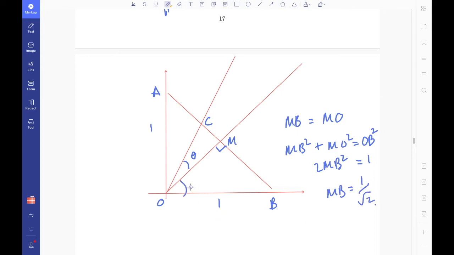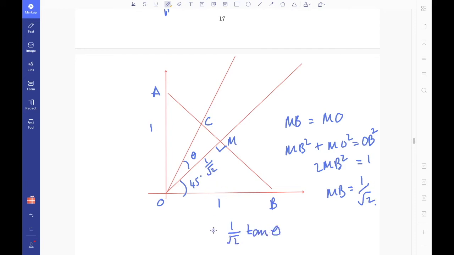You could also think of that as 45 degrees there, and so you could use cosine 45 or sine 45, they're the same. So doing that, I now know that if MO is 1 over root 2, then CM you could write as 1 over root 2 times tan theta.